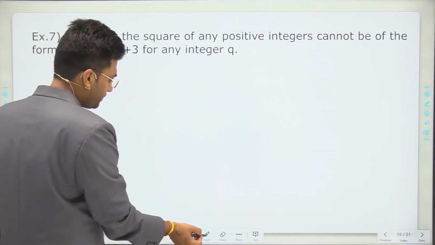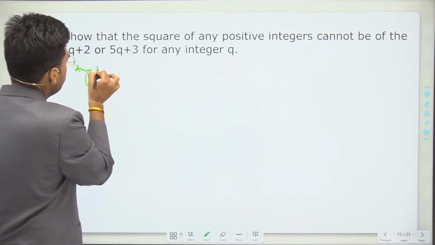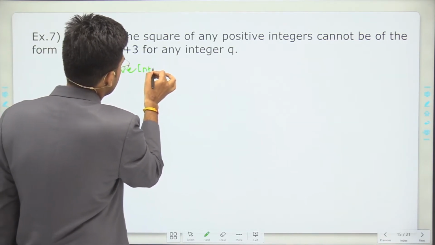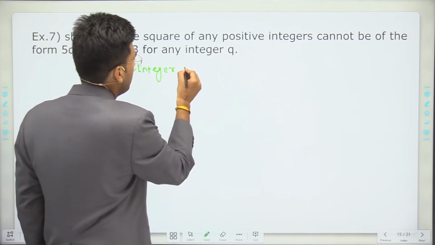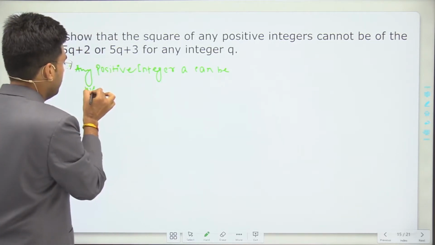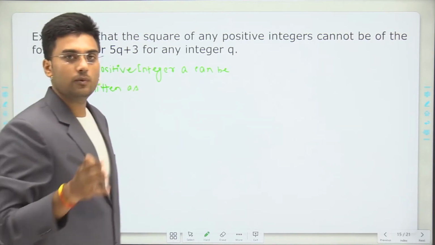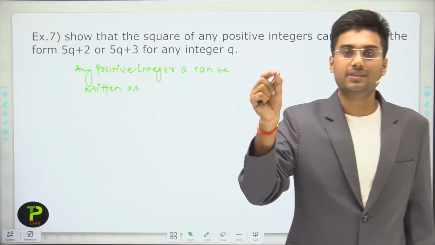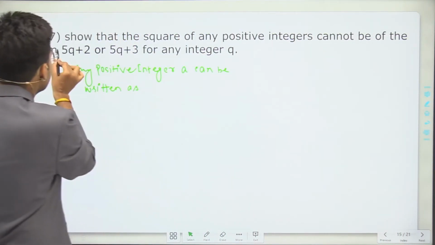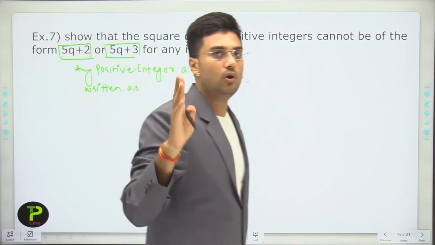First of all, any positive integer a can be written as bq plus r according to Euclid division lemma. But here we have to choose b equal to 5, because we have to prove in the form of 5q plus 2 or 5q plus 3.